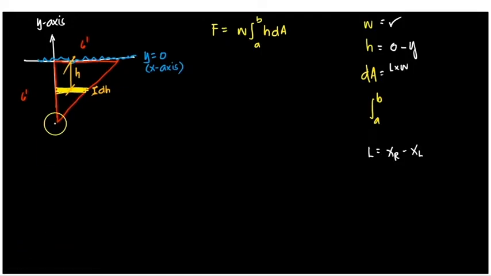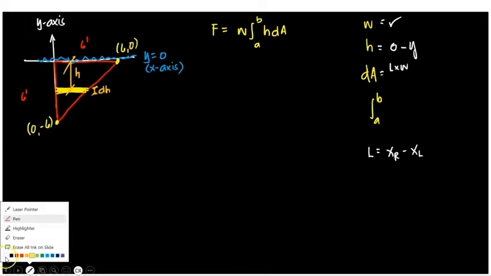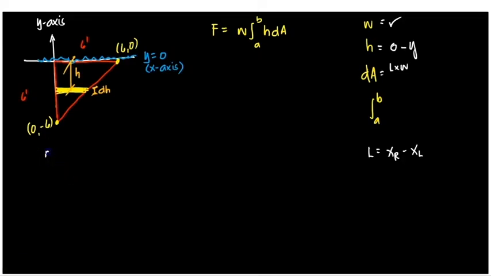Let's look at these points. These points are 6, 0, and we can say that this is 0, negative 6. So let's solve for the equation of that line. Remember the slope? y2 minus y1 over x2 minus x1, or basically change in y over change in x. So 0 minus negative 6 is 6, over 6 minus 0 is 6, which is 1.